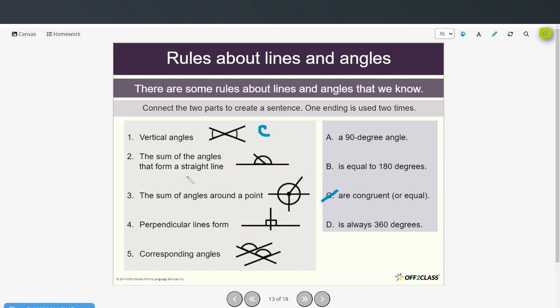The sum of the angles that form a straight line would be 180. The sum of angles around a point is always 360.